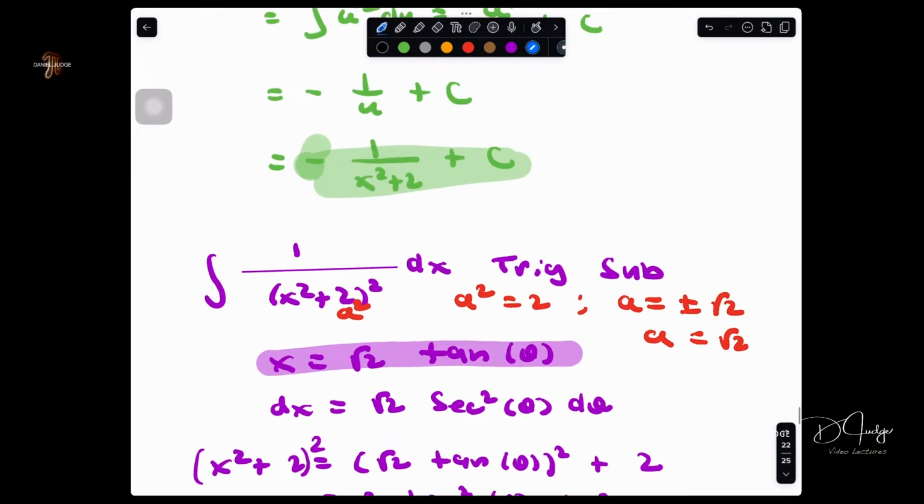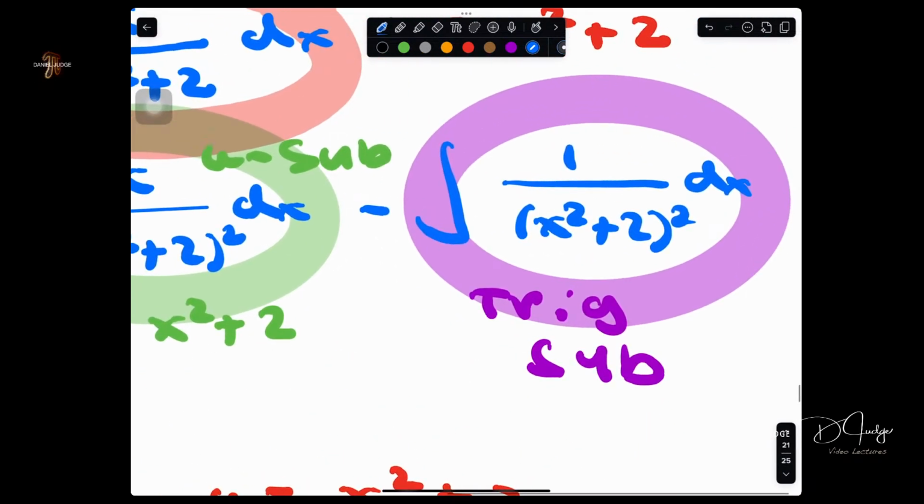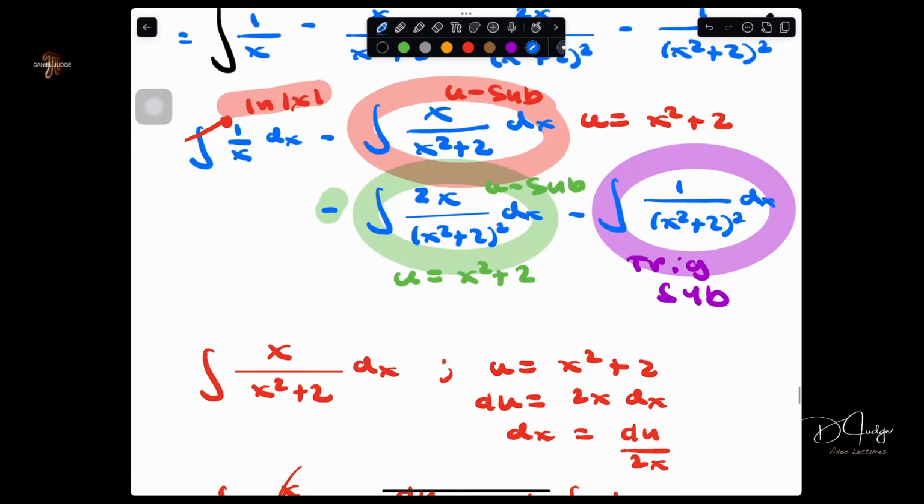And then it's minus the purple integral.